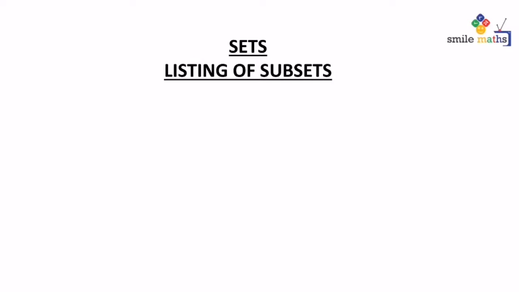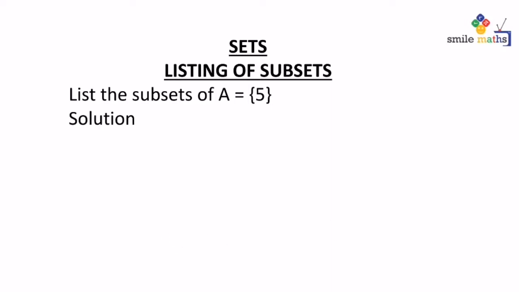So with this being a solution of questions video, we have our first question, which says list the subsets of set A, having element 5. There are steps we need to follow. The first thing is you need to know the number of elements of the set, and say n is equal to that.